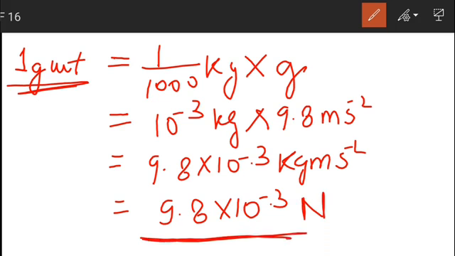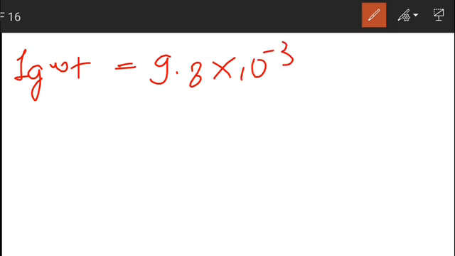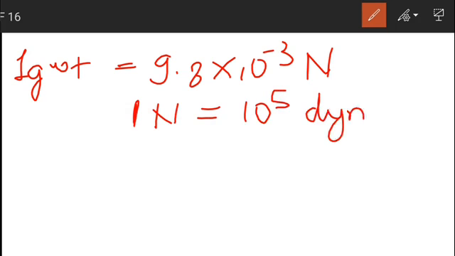Now let us convert it into CGS unit. So what we have calculated, 1 gram weight is equals to 9.8 into 10 to the power minus 3 Newton. Again students, from our previous chapter, you know that 1 Newton is equals to 10 to the power 5 dyne, where Newton is the SI unit of force and dyne is the CGS unit of force.